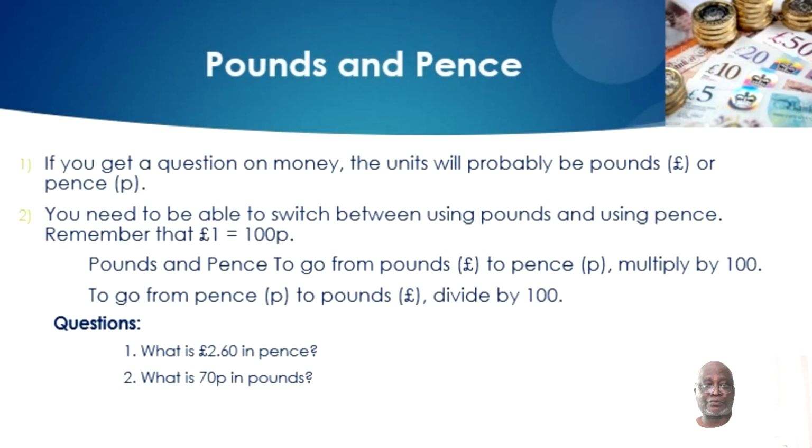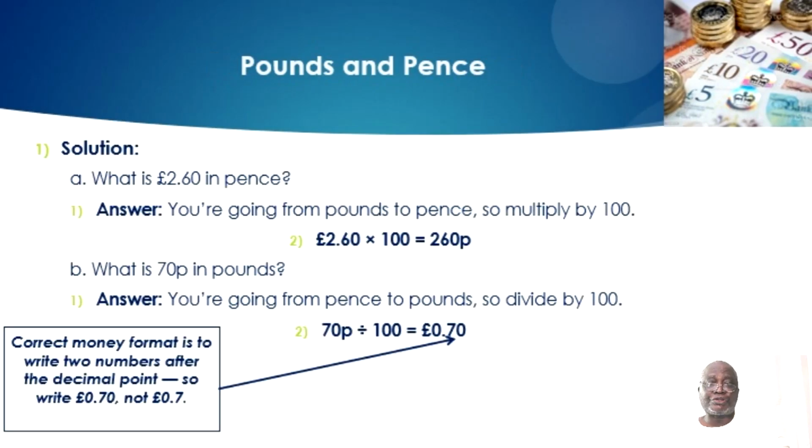Here's a question. What is 2 pounds 60p in pence? And here's another question. What is 70p in pounds? The solution is as follows. To convert 2 pounds 60p to pence, you simply multiply by 100, and that will give you 260p, or 260 pence.